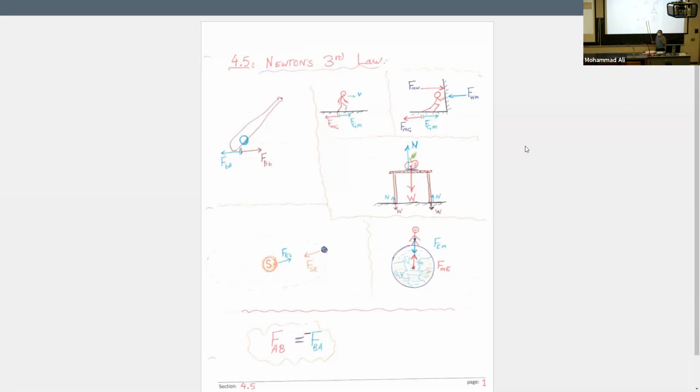This is the third one. We talk about the fourth one? No, it is not the fourth. It is more general than these three laws of Newton. This is the third law of Newton.